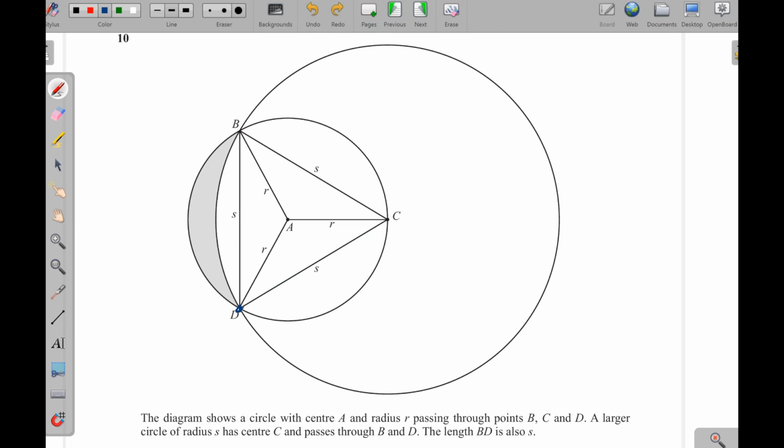Then for this smaller one here, the radius is from this point A here, that is A to C here, which is the same as this one here and also this one there.